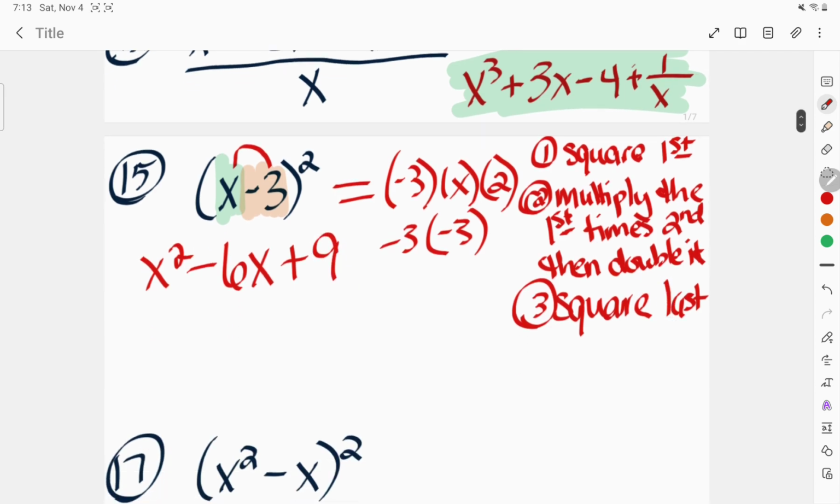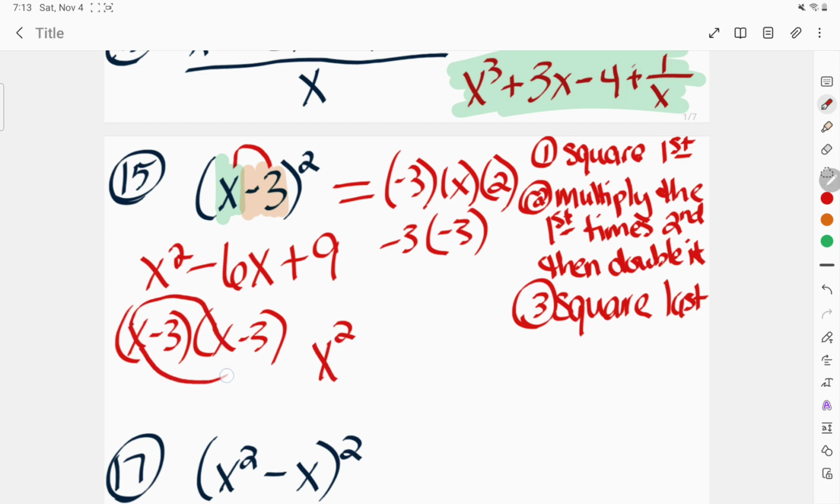So the other way that you could do this one is you could write it out and do the FOIL method. First times the first, x squared. Outside times the outside, -3x. Inside times the inside, -3x. Last times the last, +9.